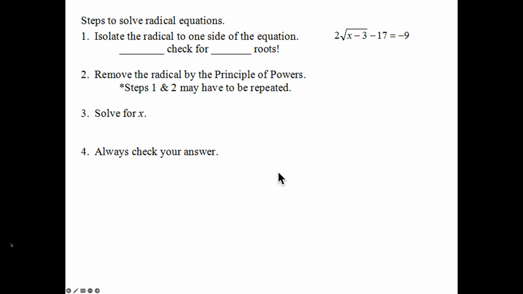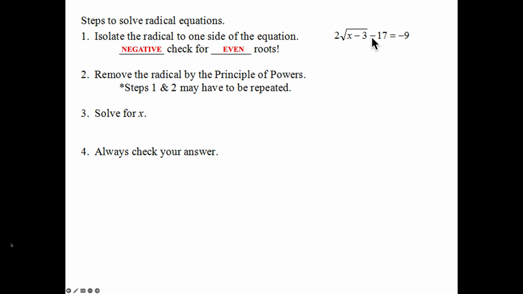All right? So looking at my equation to the right, my radical symbol is the square root of x minus 3. It is not isolated. I need to get rid of the minus 17 and the 2. I don't look at it now and say, oh, it's equal to a negative 9, no solution. Nope, I don't have this isolated yet.